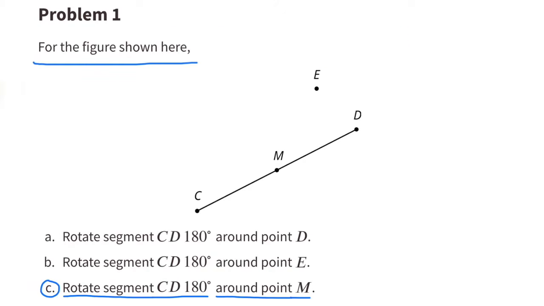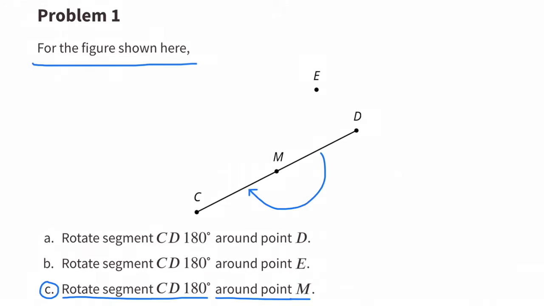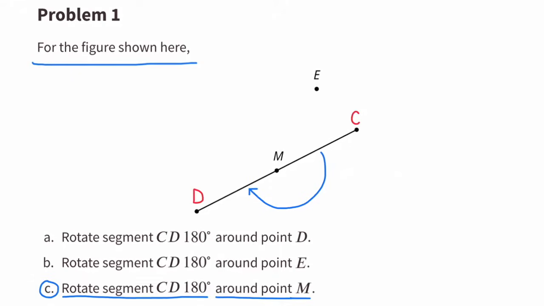C. Rotate segment CD 180 degrees around point M. Using point M as the center, rotate segment CD 180 degrees. The segment is identical to segment CD, only the endpoints have switched locations.